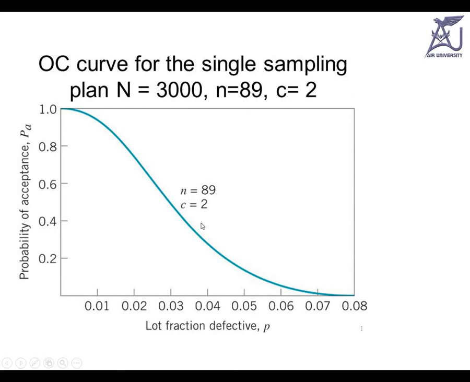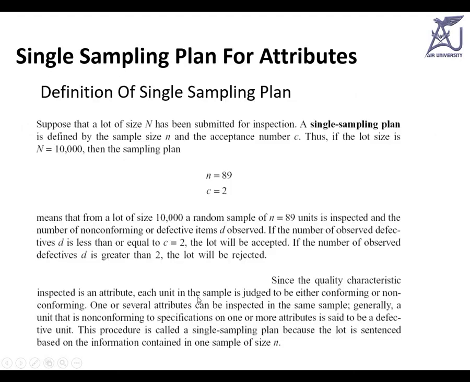Okay. Look at this one, this is the lot size, and the sample size is equal to 2. For example, we want to plot the OC curves. In that case, we want to find out the probability of acceptance using the binomial distribution, because if you look at the single sampling plan, the data is coming from a large quantity.